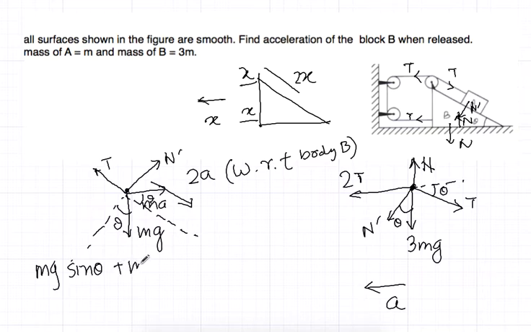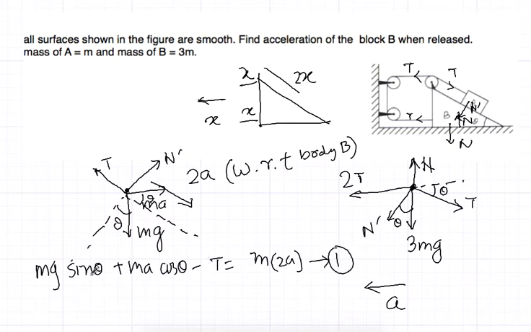Plus ma cos theta minus T equal to m into 2a. Why m into 2a? Because this body is sliding down in this direction with the acceleration of 2a.